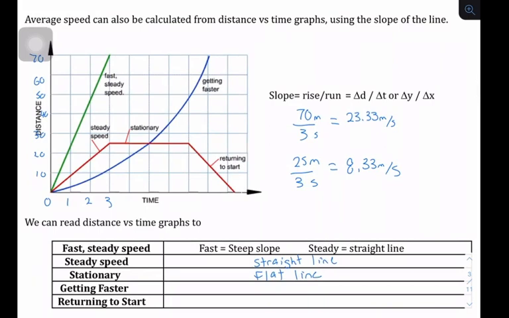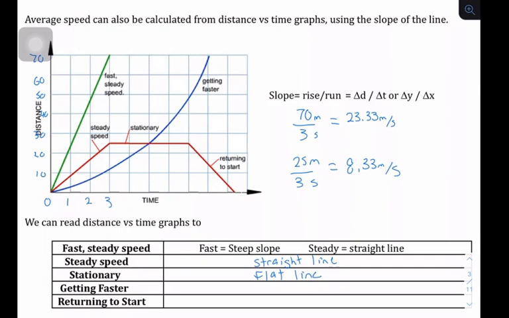When something's getting faster on a distance versus time graph, we see a curved line. So if we follow the blue line here, in the first 3 seconds, it travels 10 meters, or maybe 11 meters.